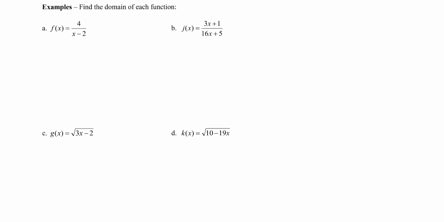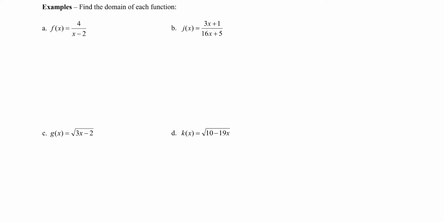All right, here what we are doing is we are finding the domain of a function. And remember, your domain is your x values, or all the values for which the function is defined. So when we're defining a domain of a function, there are basically two things we have to worry about. One, if we have a fraction, remember in our denominator we can never have the value of 0.